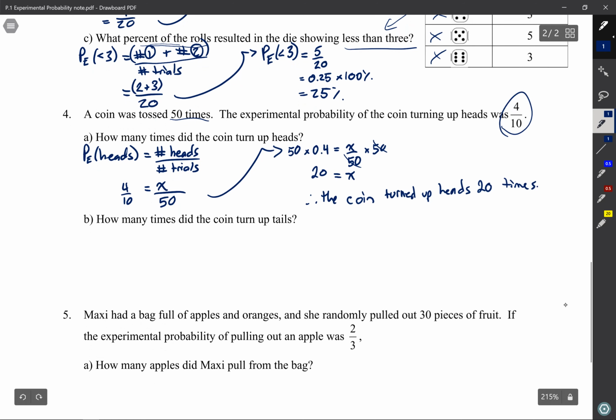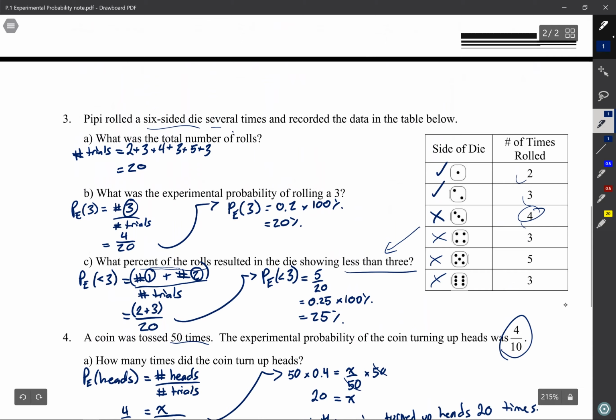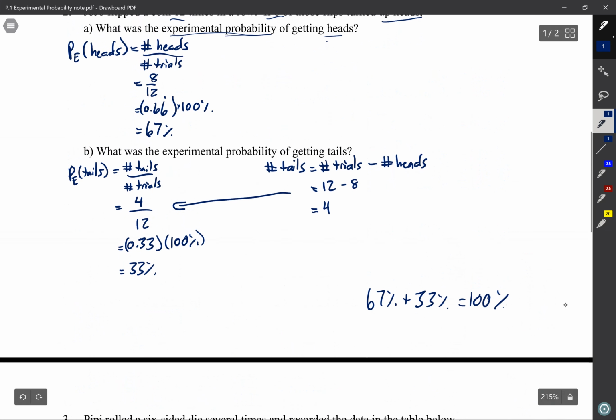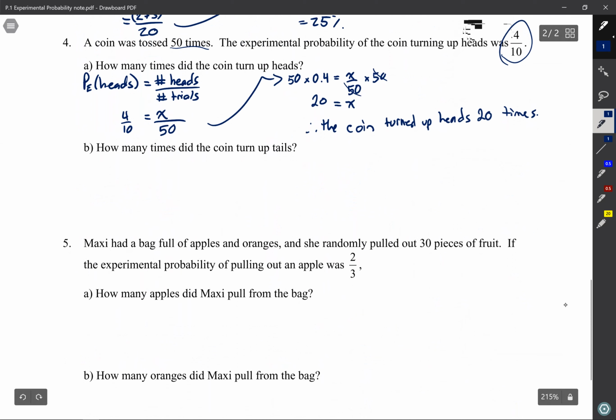Now, how many times did the coin turn up tails? We could go through all of this just like last time, but rather, let's take a look at what we did previously. Remember, to calculate the number of times something turned up tails, if those are the only two options, then we can take our total number.